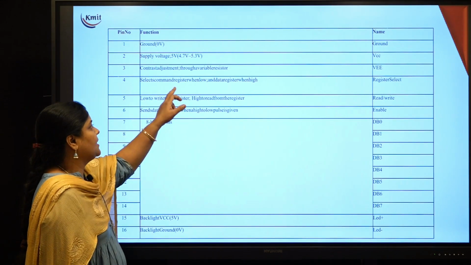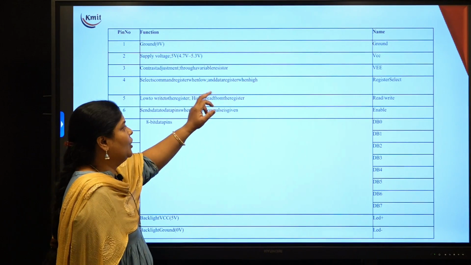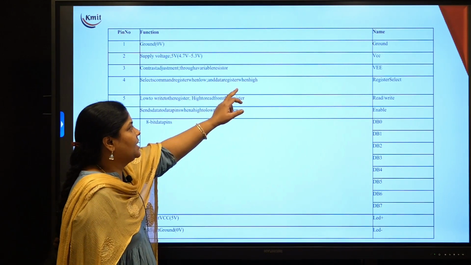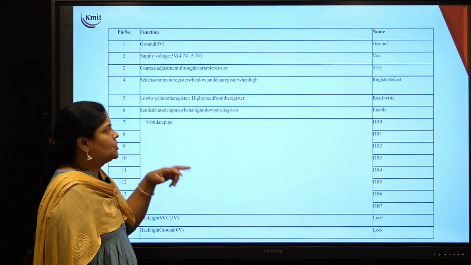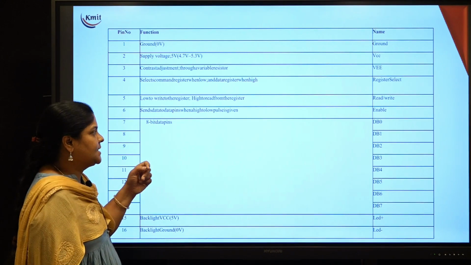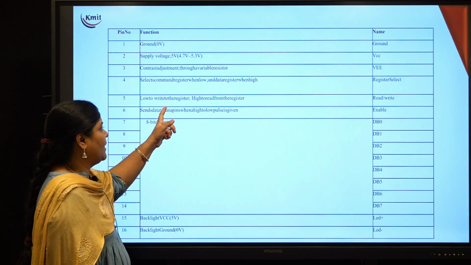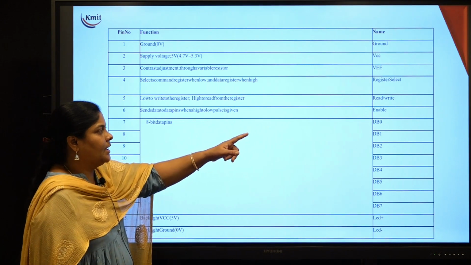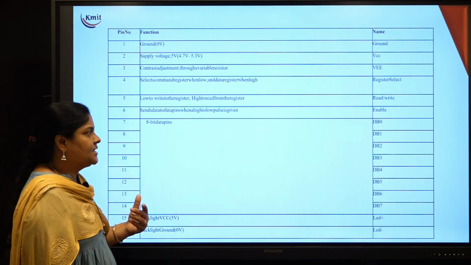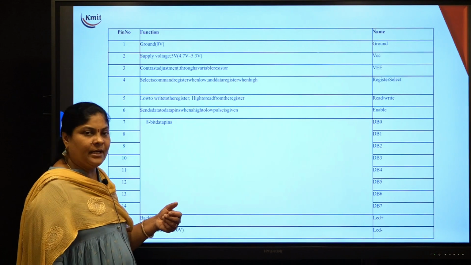Next, it selects command register when low, and data register when high. So for that you are using the register select pin, and then low to write to the register, you are using read or write.